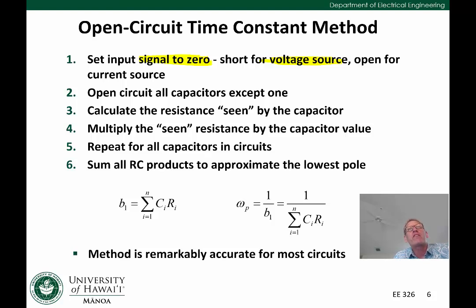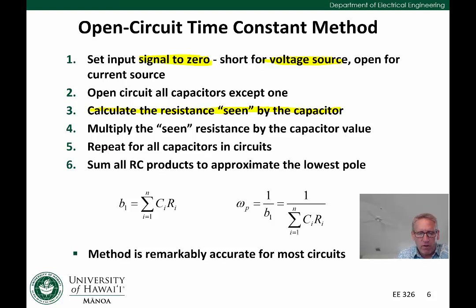Now we need to evaluate each capacitor one at a time. So we open circuit all the capacitors except the one of interest. Then we calculate the resistance that is, quote, seen by that capacitor, or what the RC product would be for that individual capacitor. Then we multiply this resistance by the only capacitor we're looking at, and that product is tau 1, for example.